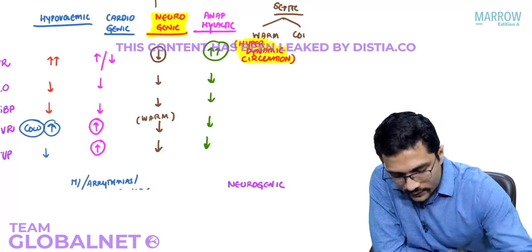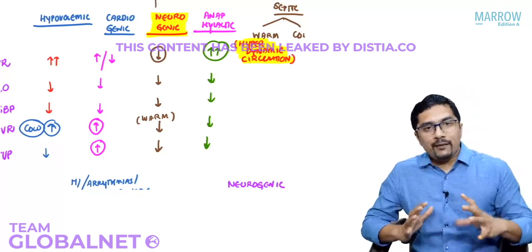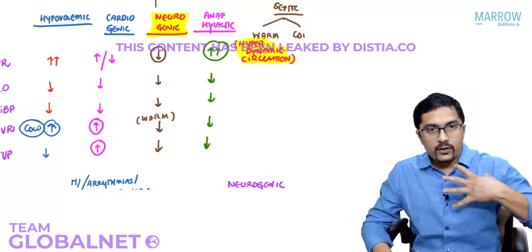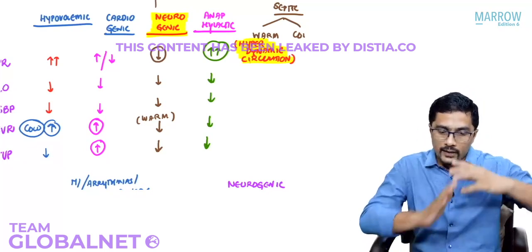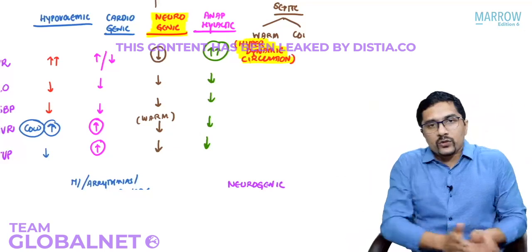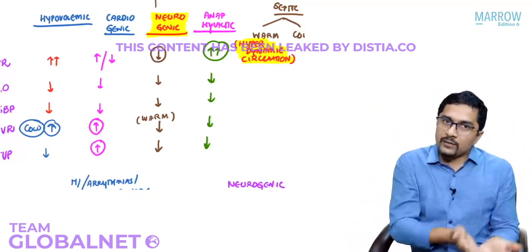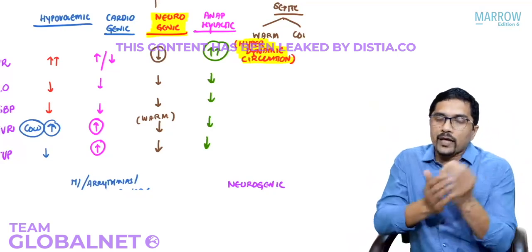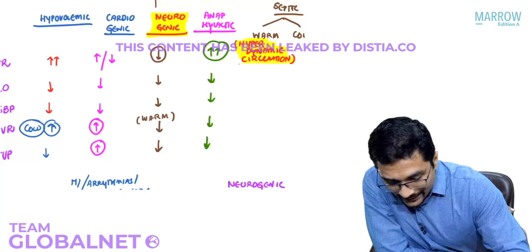That is the only term which I want you to remember in warm septic shock. So what is happening? The heart is working quickly. When you have fever, there is tachycardia. Heart is working quickly. Blood is quickly going through the body and coming back, right? So blood goes quickly, comes back quickly. There is a hyperdynamic circulation which is there. So there's going to be tachycardia.